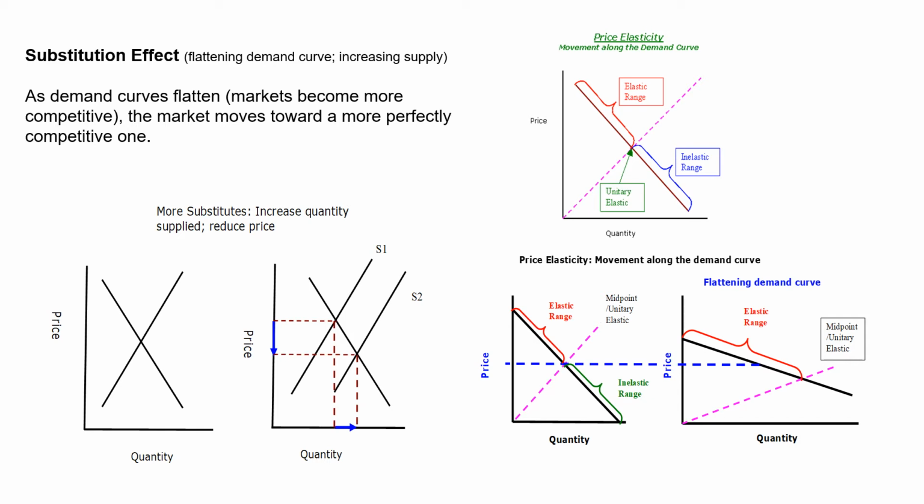Secondly, if we're looking at the substitution effect in terms of the demand curve itself flattening out, the way we look at it in terms of price elasticity on the right-hand side is pretty straightforward. We have a steeper demand curve. We find out where that midpoint, the unit elastic point, is. It's at that point that you're maximizing your revenue, right? Price times quantity.